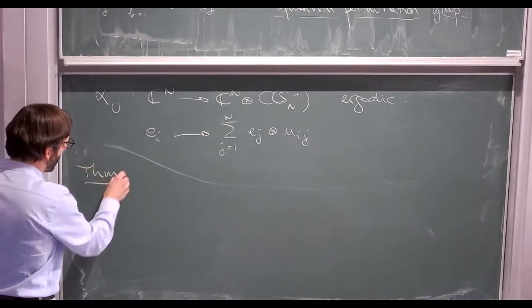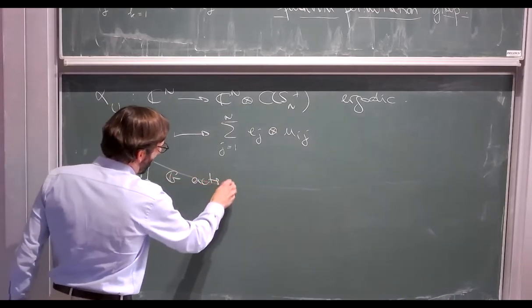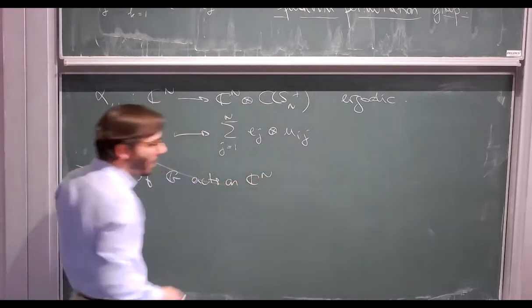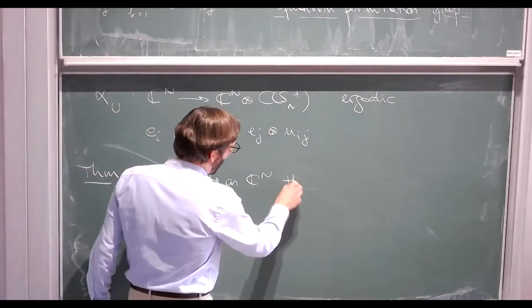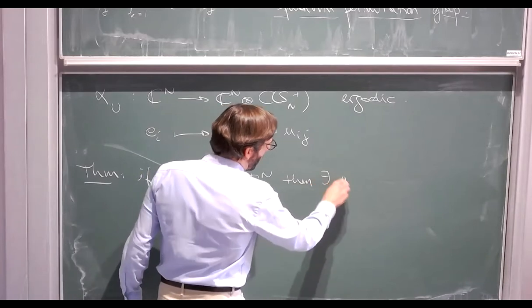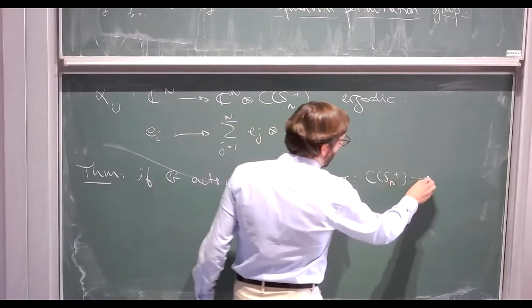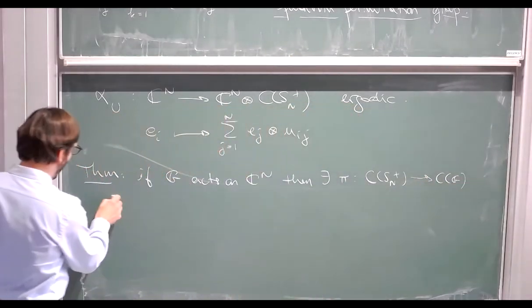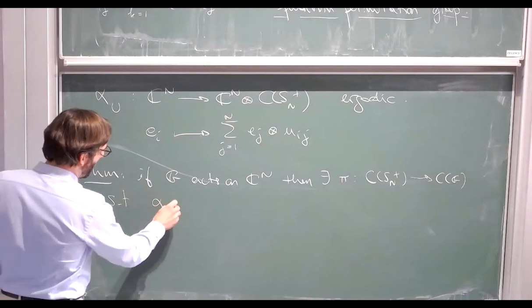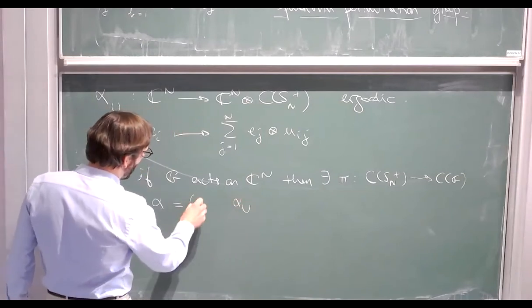He proved that if G acts on Cn, if any compact quantum group acts on Cn, then there exists a map from Sn plus to G such that the action of G is just the action of Cn composed with that map.